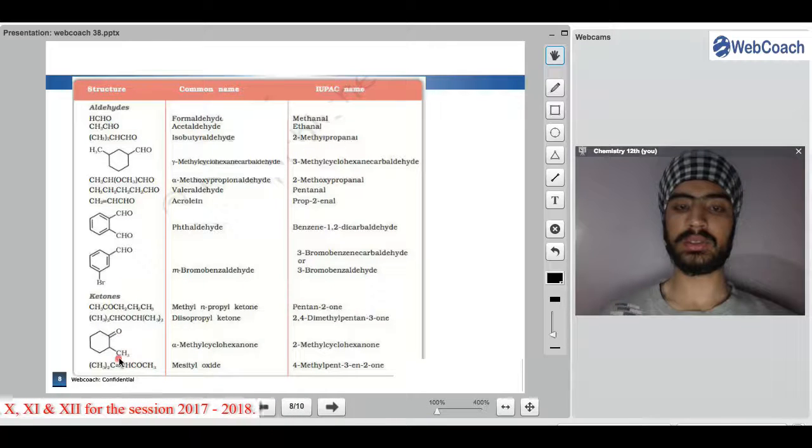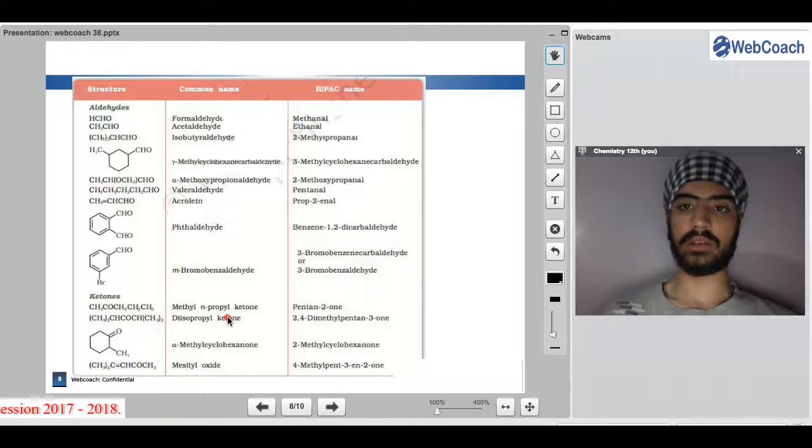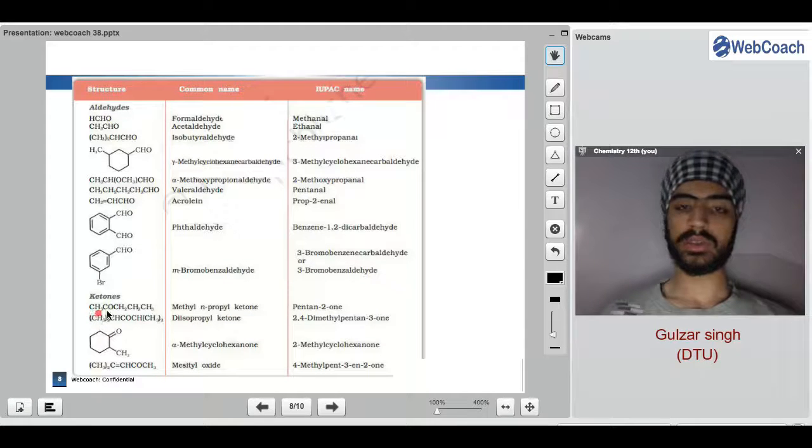Similarly, there are other aldehydes and ketones present here. So these are of very much importance and should be read carefully. Ketones: this has a methyl group on one side, and on the other side we have a propyl group. So the common name will be methyl n-propyl ketone, and the IUPAC name would be, the longest chain is pentane, and on the second carbon we have the ketonic group, so pentan-2-one.